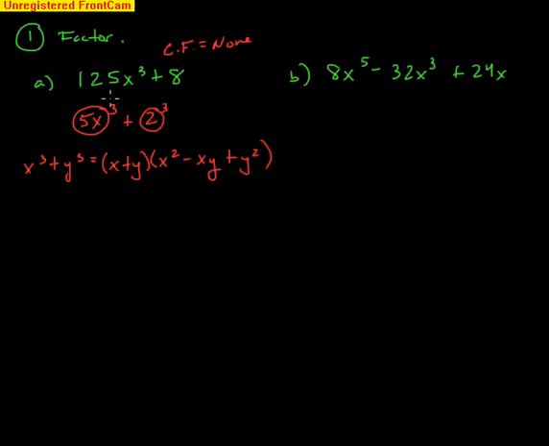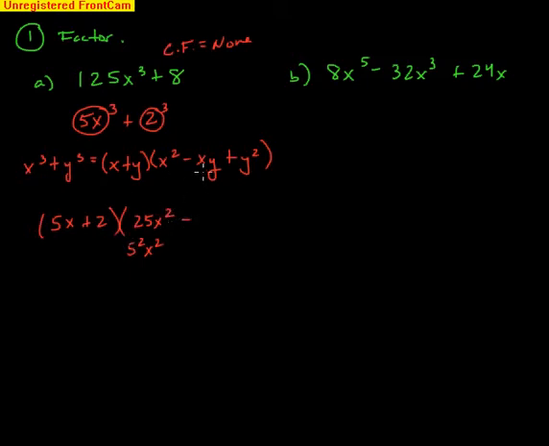So we just have to apply our two numbers to this factored formula. First is x plus y, what it says without the cubes. So our first parenthesis is 5x plus 2. Then we have to square the first thing. The first thing has two parts. It has a 5, which has to be squared, and an x, which has to be squared. So it really is 25x squared.